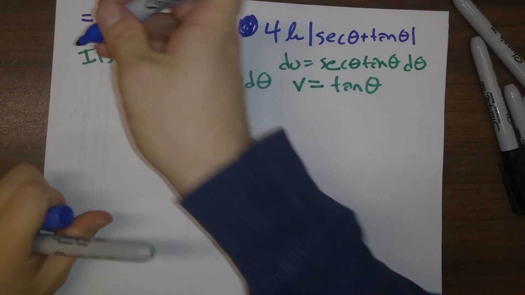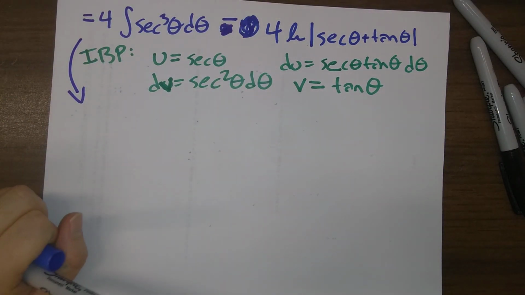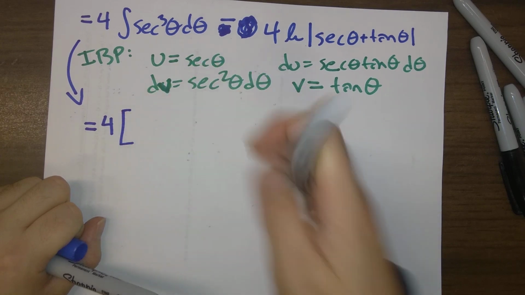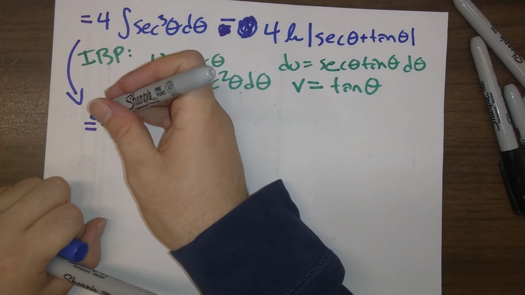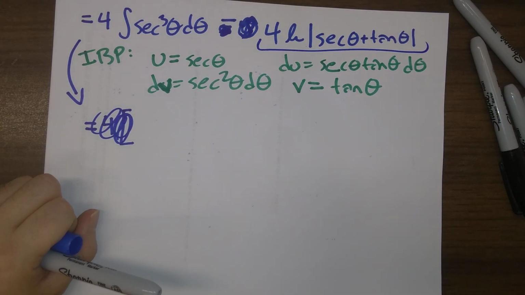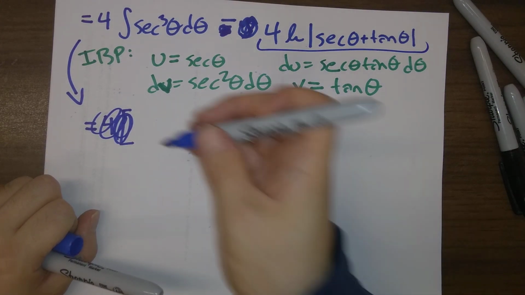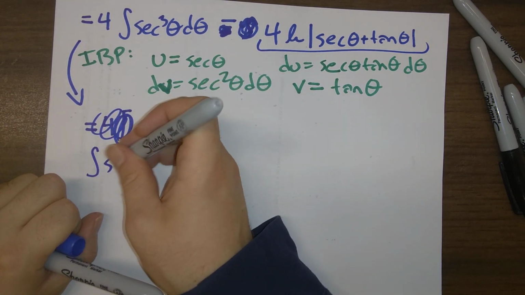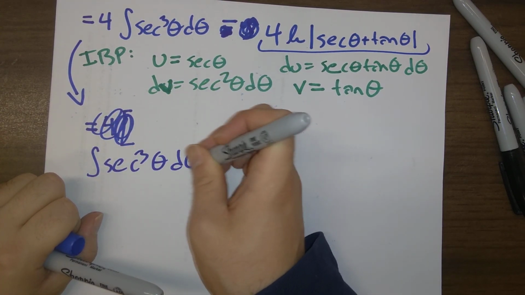Okay, so where are we right now? This whole thing is equal to 4 times, so let's say that right now, we'll come back to the factor of 4 log of secant theta plus tangent theta. Let's say right now that we're just going to focus on evaluating the integral of secant cubed theta.